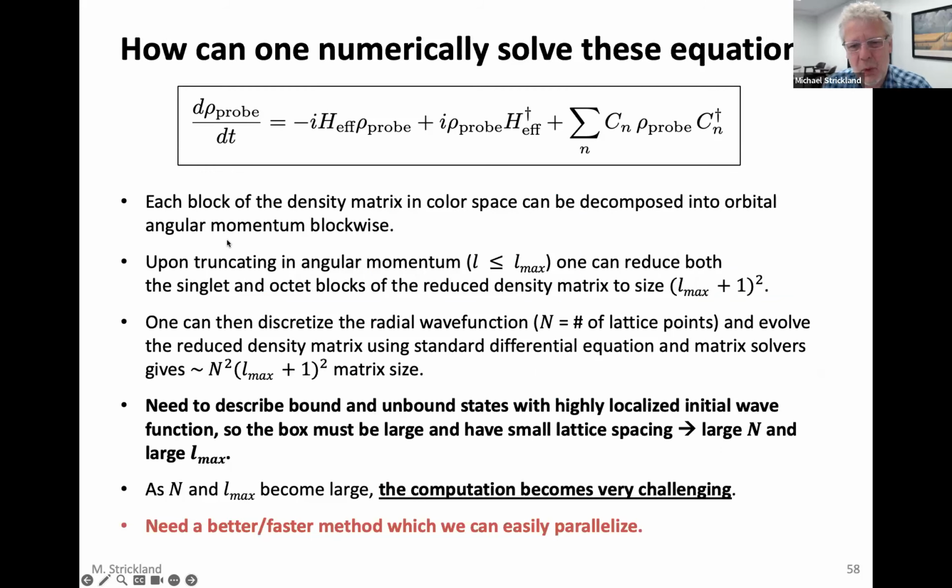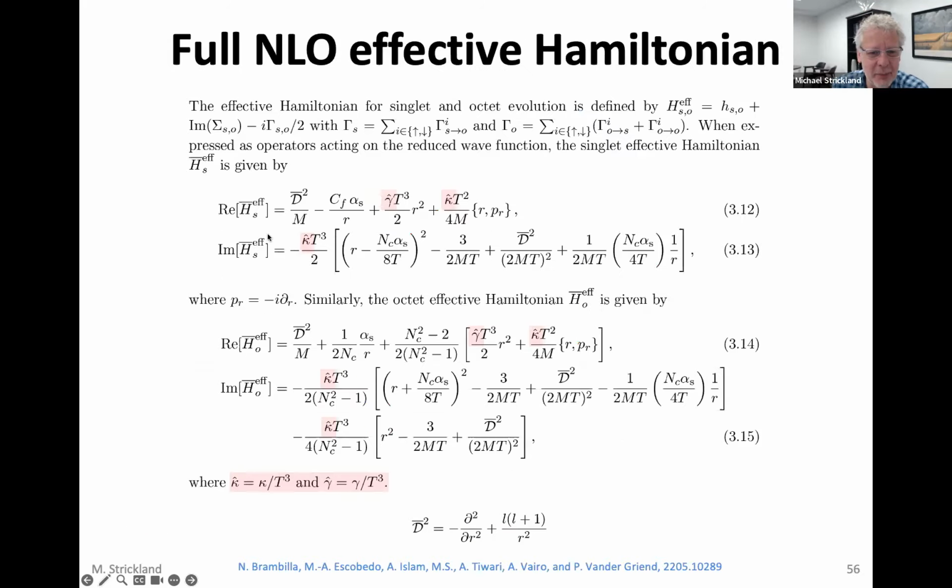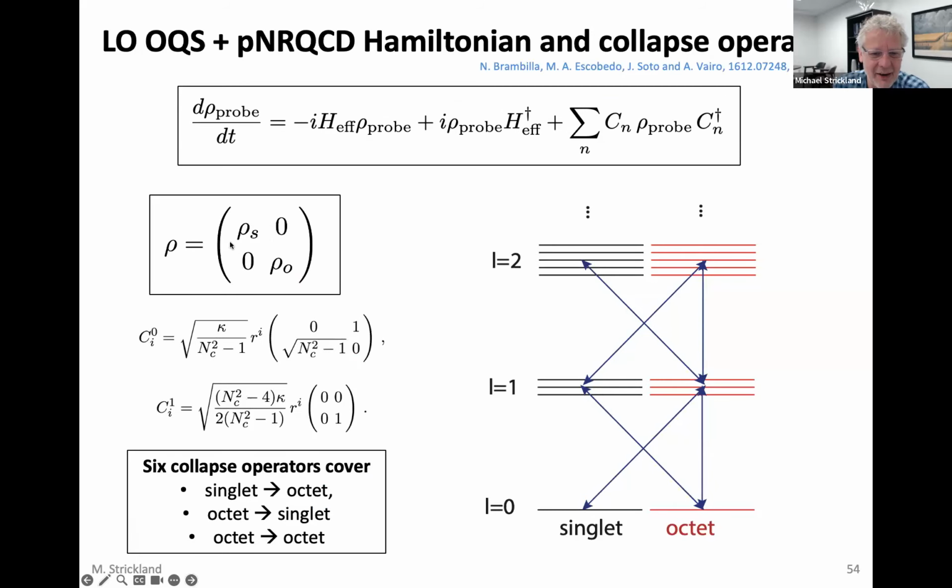When I first entered this game, it was upon invitation from Nora Brambilla and company in Munich, because they had this at leading order and they wanted to solve it numerically. But what you find is that if you start thinking about this as solving some time evolution of a very large matrix, which is what the density matrix is here, you continue this process of splitting out your density matrix.